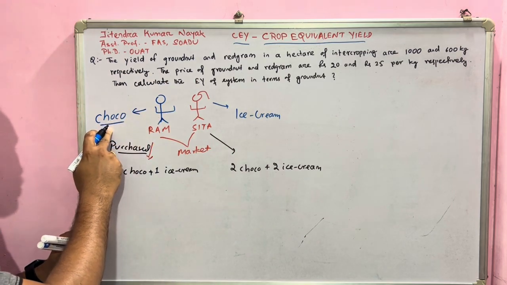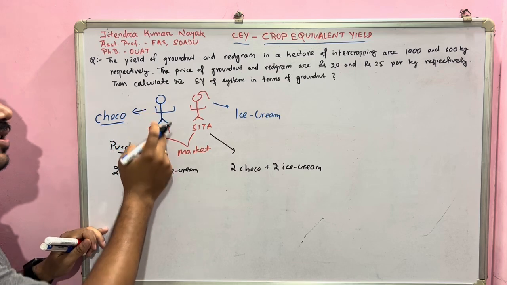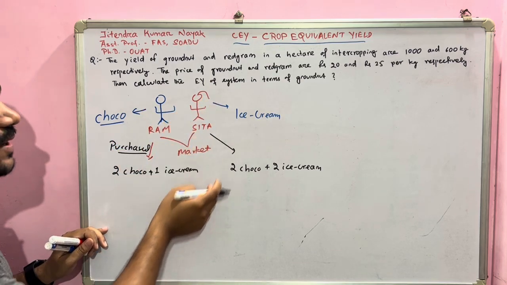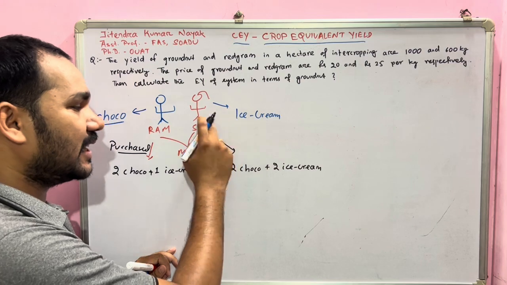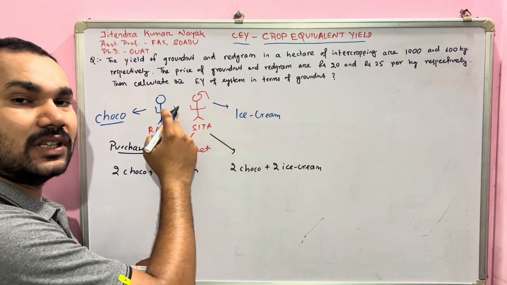Ram likes to eat chocolate, but Ram has to purchase ice cream because he has gone to the market with Sita. Sita likes ice cream, but she has also purchased chocolate because she has gone with Ram.